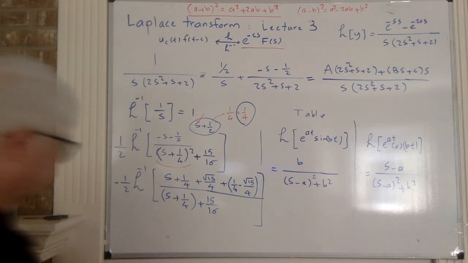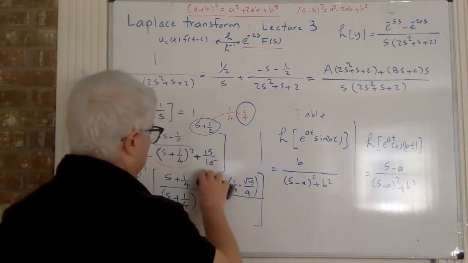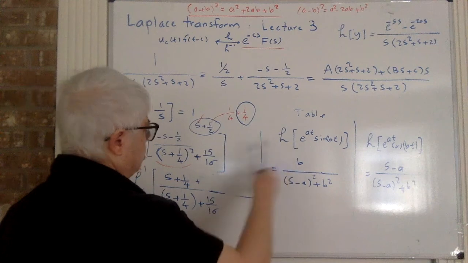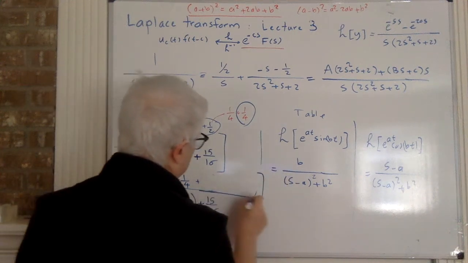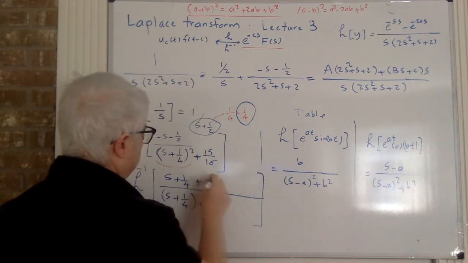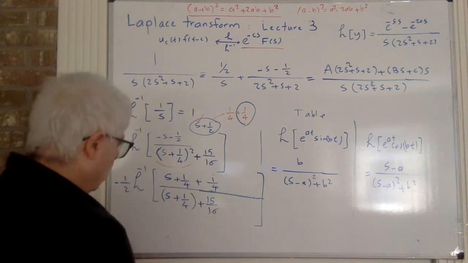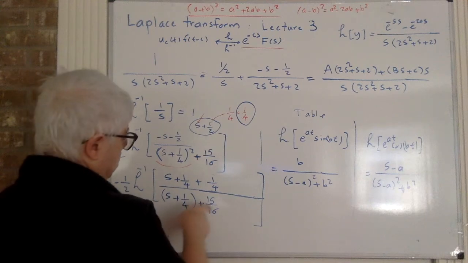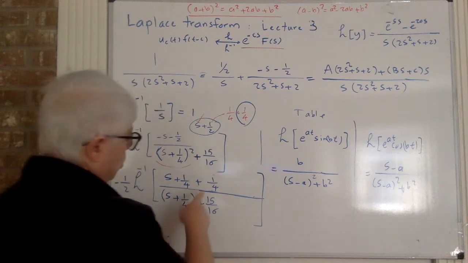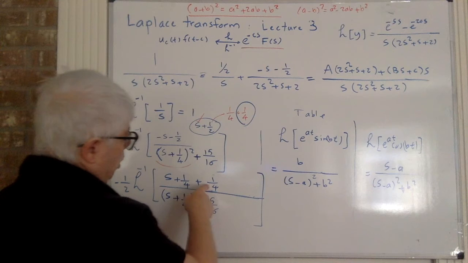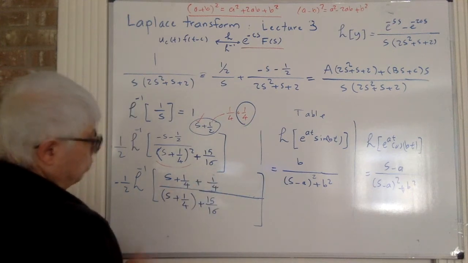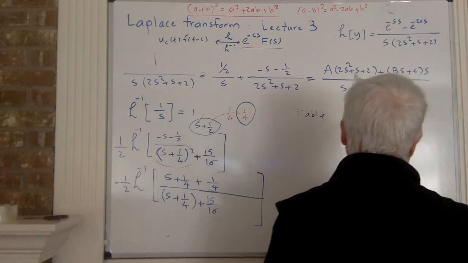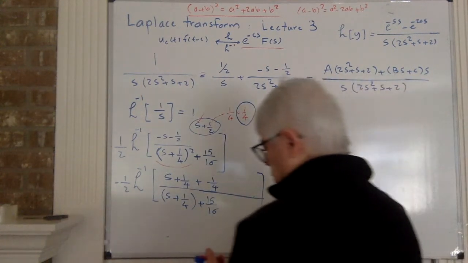Let me see. No, this is not correct. No, I just need that. That wouldn't work. Yeah, I need b. I need a multiple of b, which is this square root of 15 over 4. So I should turn this into square root of 15 over 4. Well, let me first separate this thing, then I will do that.